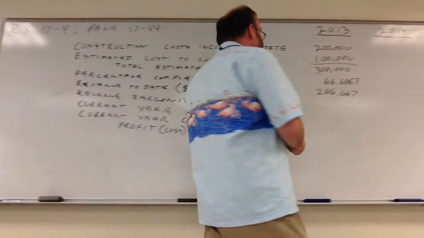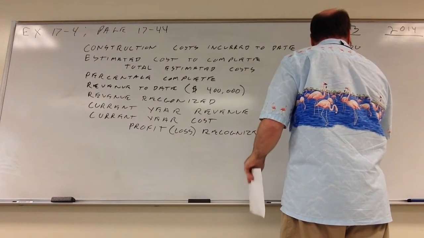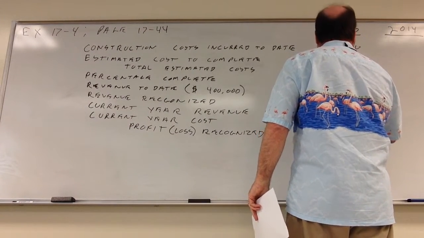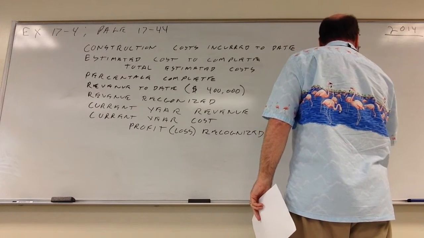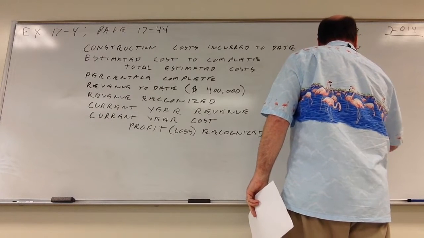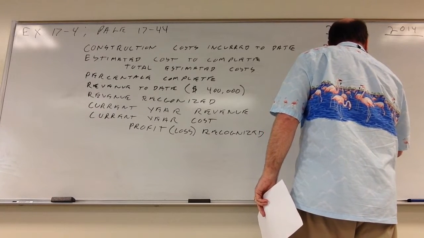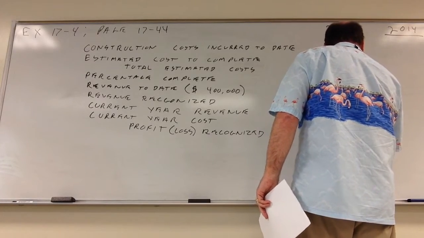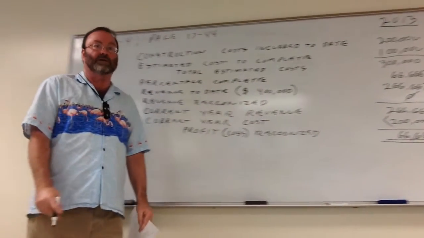We've recognized nothing prior, so that gives us $266,667 for the current year. We incurred $200,000 in cost, so that gives us a gross margin profit for the first year of construction of $66,667.